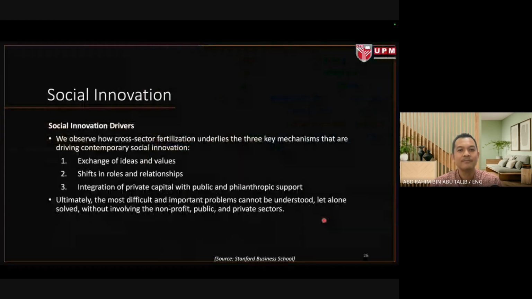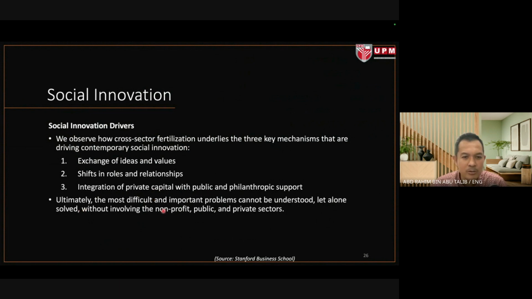All right. Social innovation drivers. We observe how cross-sector fertilization underlies the three mechanisms that are driving contemporary social innovation. The first one is exchange of ideas and values, shift in roles and relationship, integration of private capital with public and philanthropic support.